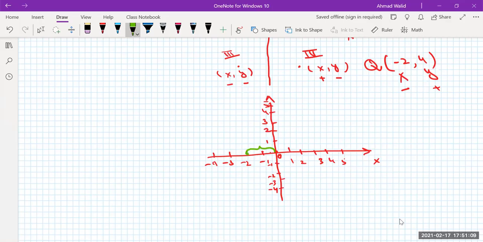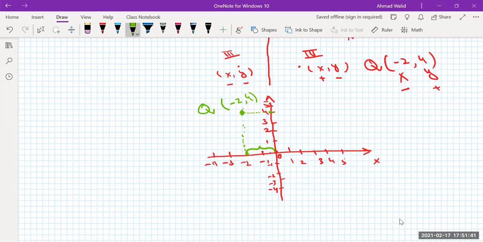From here, you draw a line parallel to the y-axis going up because your y is positive. On the y-axis, you have +4. From +4, draw a line parallel to the x-axis. Wherever these two lines meet each other, that's your point Q, -2 and 4. Right? This is how you plot a point.